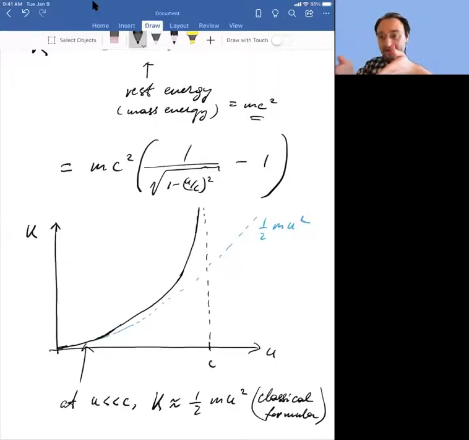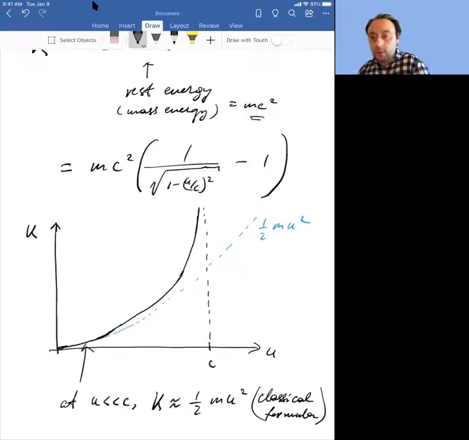But in practice, the mechanism that prevents things from crossing the speed of light barrier is this: as objects that have mass approach the speed of light, their kinetic energy increases more and more and more. And at the speed of light, their kinetic energy becomes infinite. Now, how do objects acquire kinetic energy?